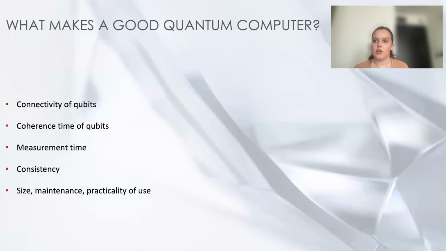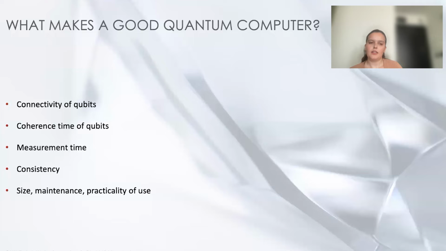One of the other interesting things about an NV center is that when we're putting the laser on it in order to get the qubit into the state we want, that can actually cause the NV center to ionize, and then it's no longer in a state that we're interested in, which is quite unfortunate. So there are loads of different elements that we're looking at for what would make a good quantum computer, but that would probably take a whole hour presentation itself to go through them all, and this is just a high level.